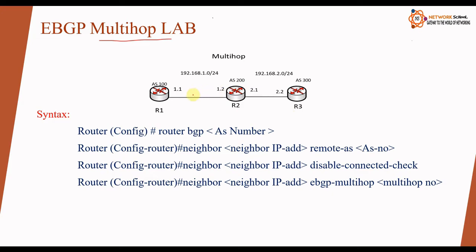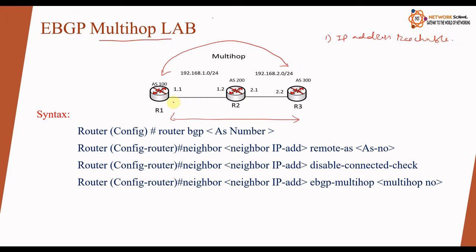We will be making the neighborship between router 1 and router 3. When we are making the neighborship, the first requirement is that the IP address be reachable.